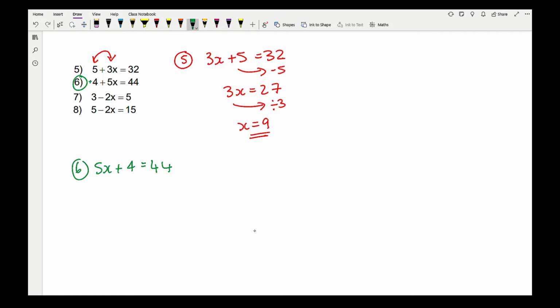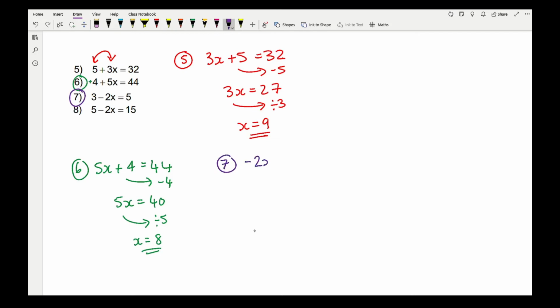If there is no sign at the front, imagine that it's positive. Or not imagine, it is going to be positive. But if there's a minus, then it also needs to be a minus. So here, I take away 4. So I get 5x equals 40. And then divide by 5. And x equals 8.